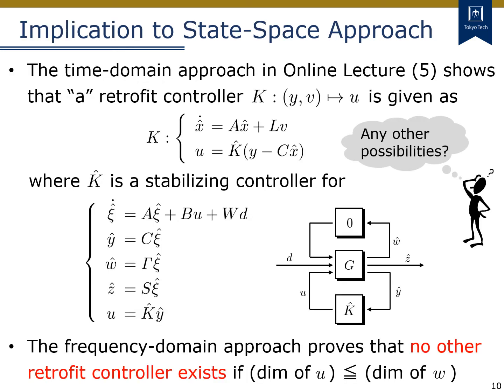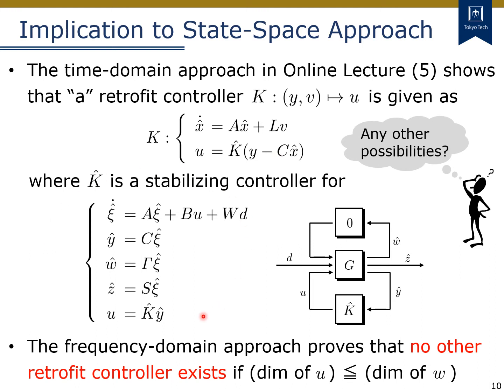Let's here think about the implication for the state space approach in the previous lecture. In the previous lecture, I showed that a retrofit controller which uses Y and V as a measurement is given like this, where K hat is a stabilizing controller for this system.